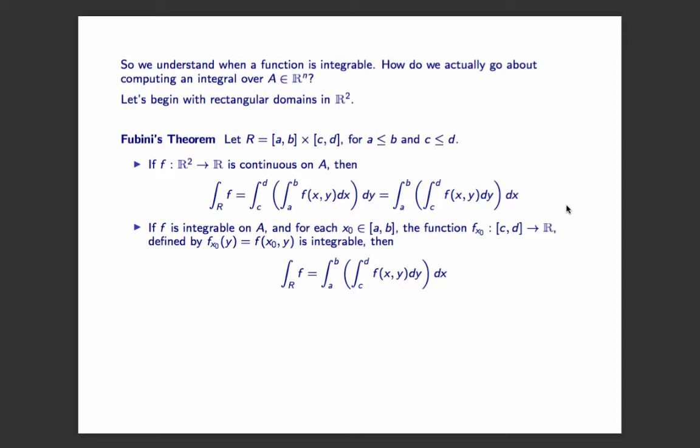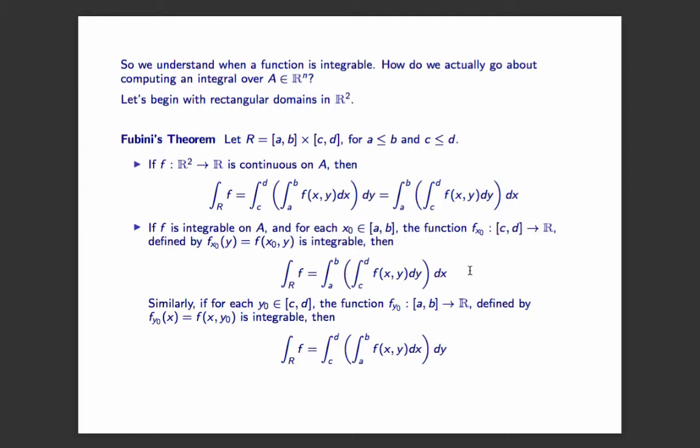Now if all we know is that f is integrable on R, not necessarily that we have continuity, again that should be R, and for each x naught in [a,b], the function f(x naught, y) is integrable, then we can compute the integral of f over R by integrating with respect to y first and then integrating with respect to x.